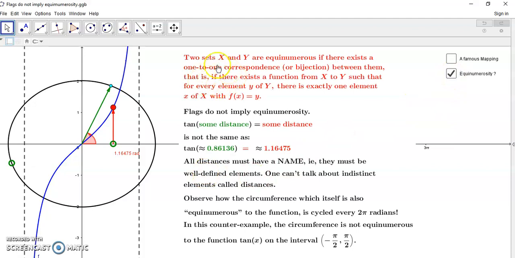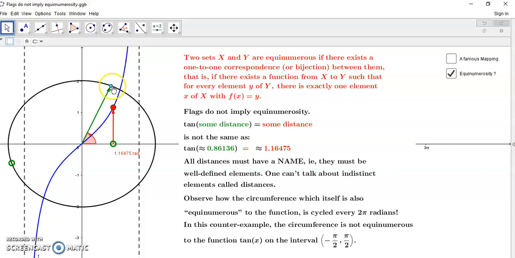So, again, if two sets x and y are equinumerous, according to the mainstream definition, there exists a one-to-one correspondence or bijection between them, okay? Meaning that there is exactly one element x of X, with the function of x equaling an element of Y. So, flags do not imply equinumerosity.